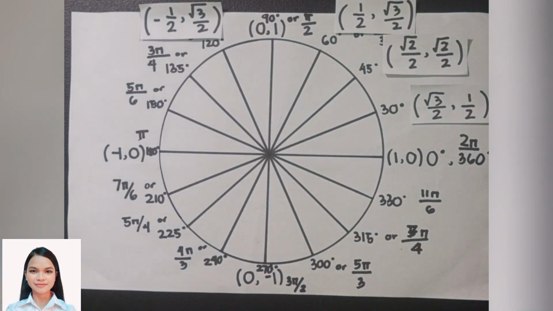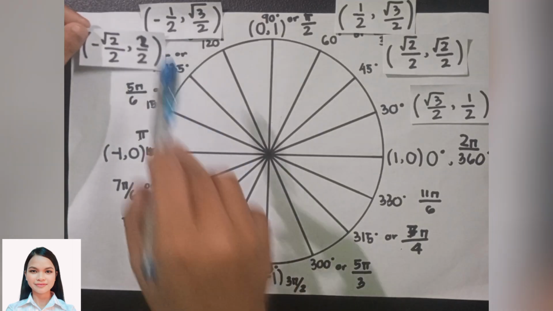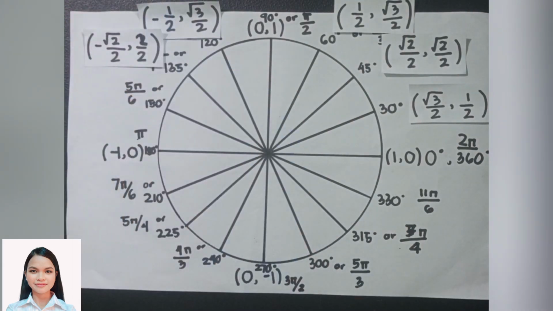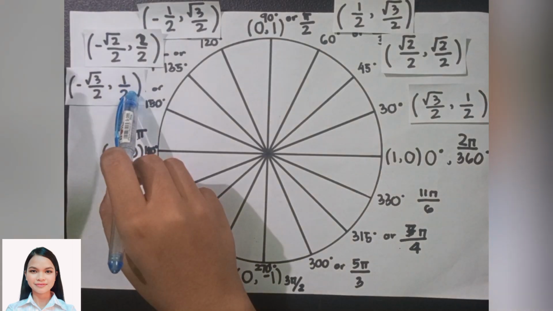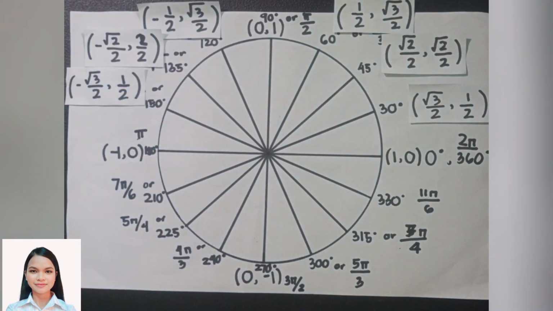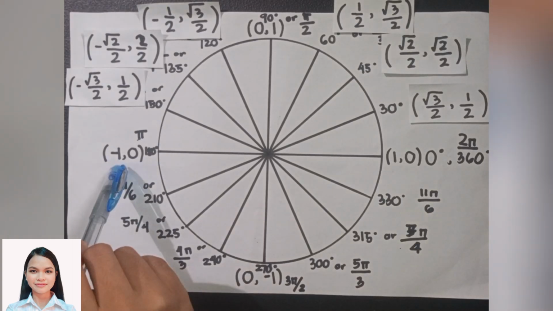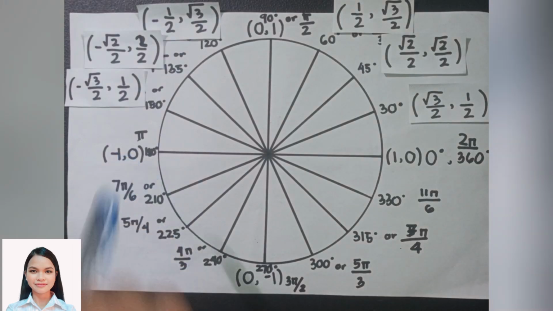And for 135 degrees, the ordered pair is negative square root of 2 over 2 and square root 2 over 2. And for the 150 degrees, the ordered pair is negative square root of 3 over 2 and 1/2. And for 180 degrees it is negative 1 and 0.